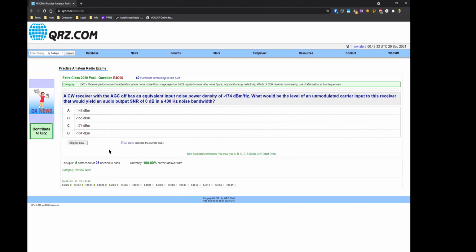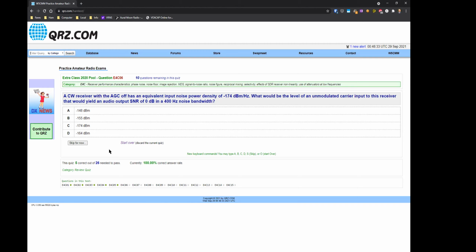A CW receiver with the automatic gain control off has an equivalent input noise power density of negative 174 dBm per hertz. What would be the level of an unmodulated carrier input to this receiver that would yield an audio output signal-to-noise ratio of 0 dB in a 400 hertz noise bandwidth?